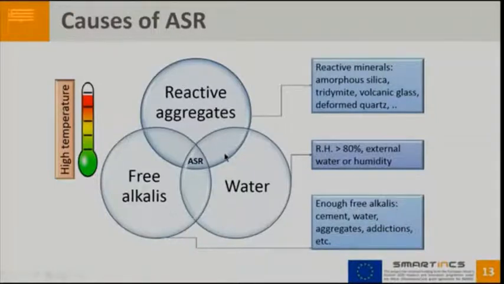What is easiest? The easiest is to remove, as soon as possible or as much as possible, the water. Also, when we increase the temperature, we accelerate the reaction rate.